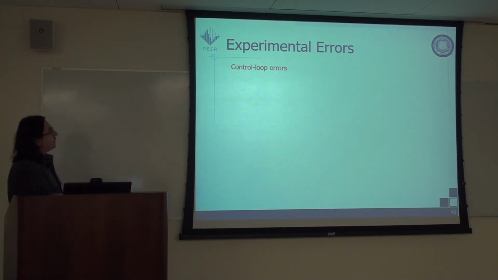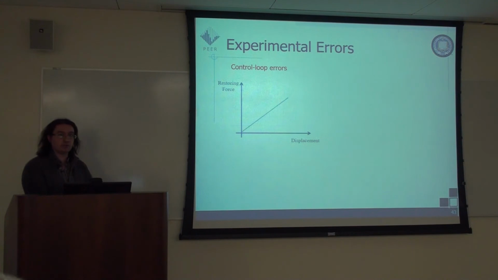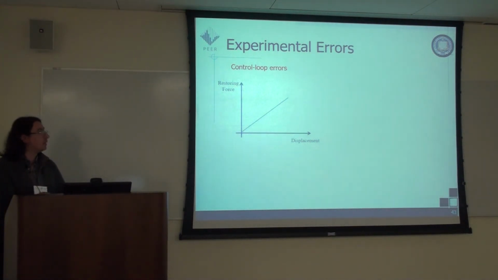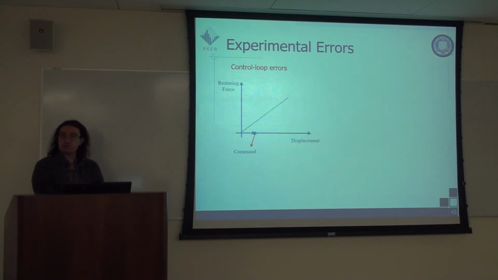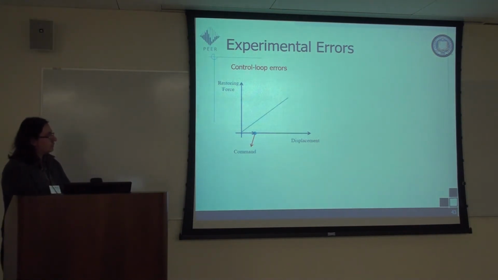So the control loop errors are those that are important in hybrid simulation, and I'll quickly demonstrate this conceptually in this slide. If we think that we have a linear specimen, a specimen with a linear force displacement relation, when we compute a displacement and apply this to our specimen through the transfer system, if the tuning is not perfect, this may lead to some overshoot.